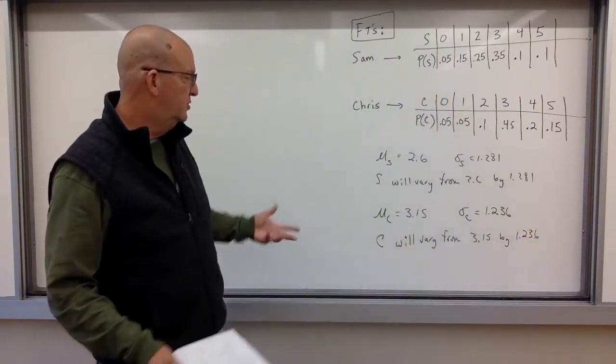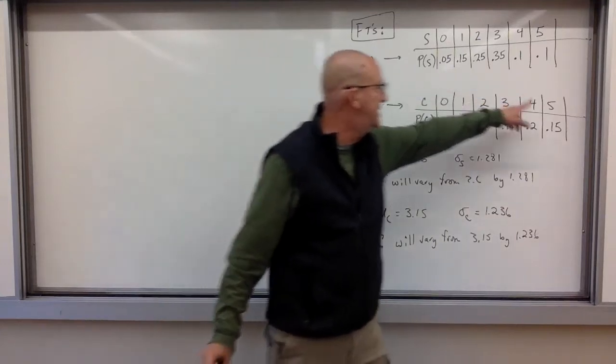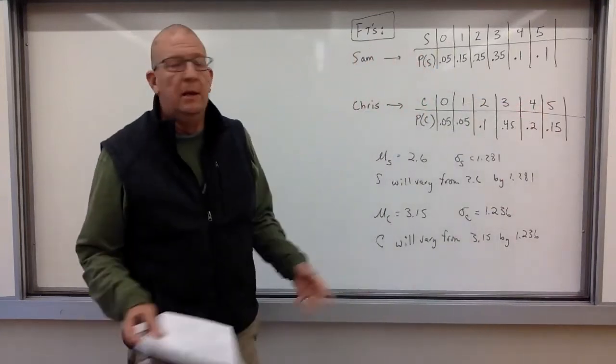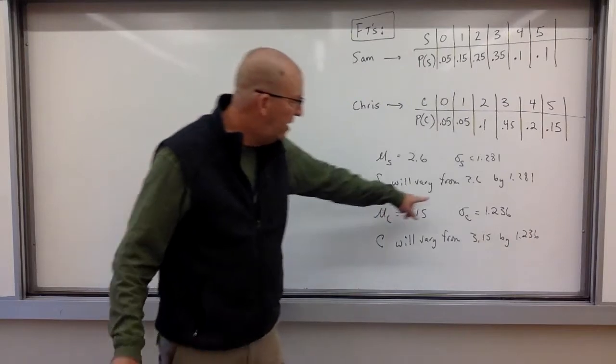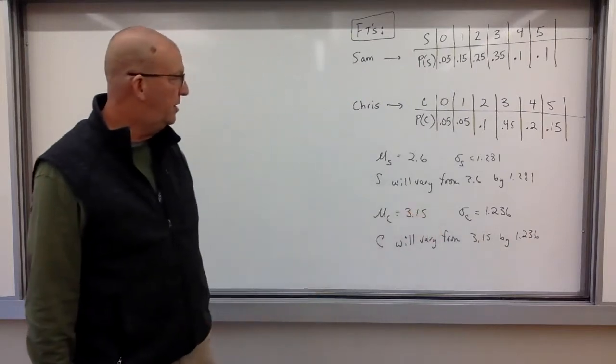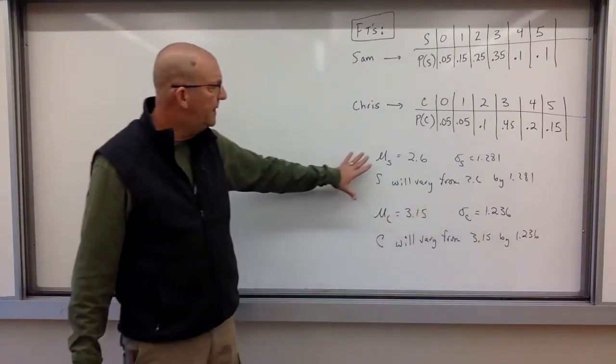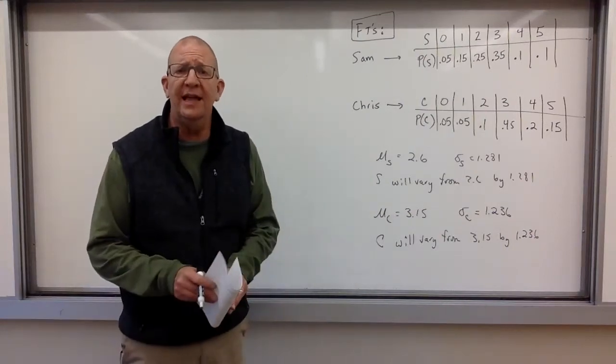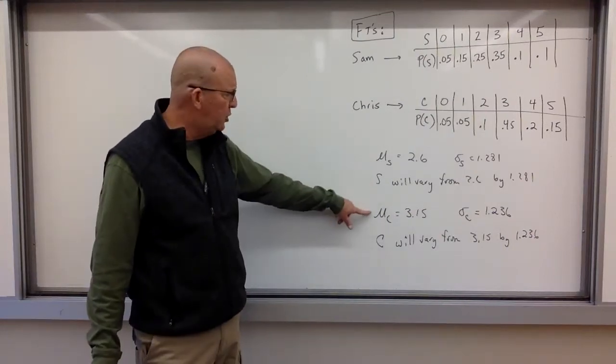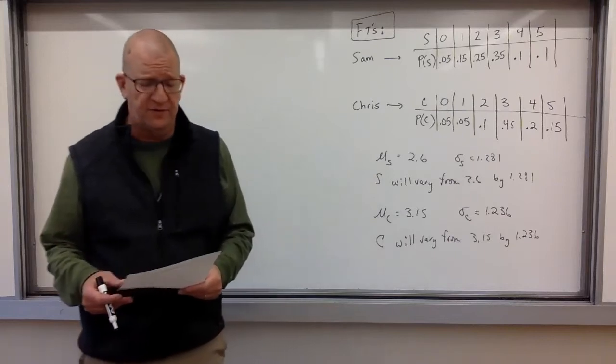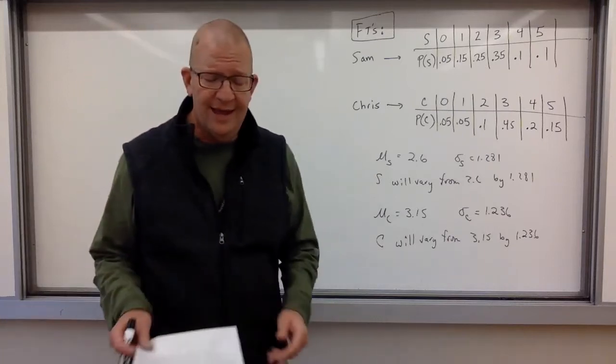Okay. So some days Chris will make 0, some days Chris will make 5, but they will vary from 3.15. Okay. So it looks like after this data has been collected, the expected value for Chris is more than the expected value for Sam. Okay?